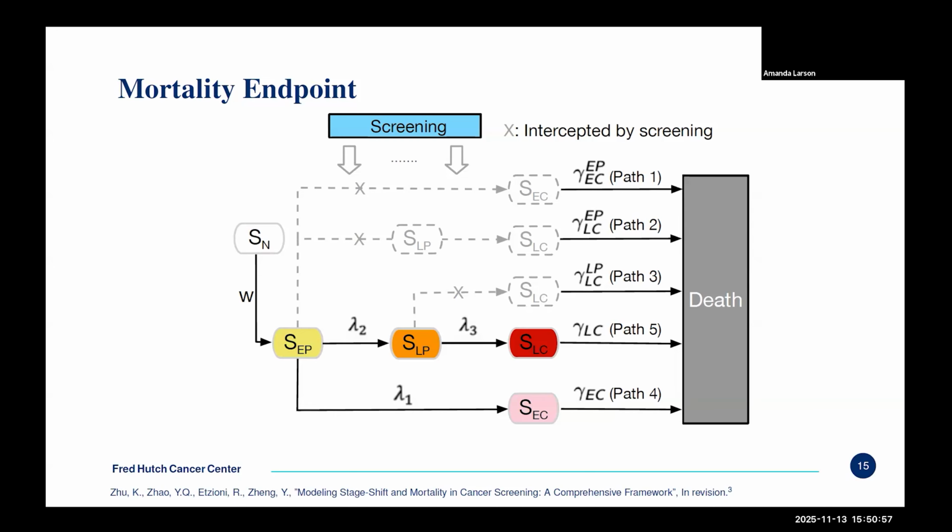They could either move to LP or they could also move to an early clinical case, where they do not further progress to late stage but just have symptoms manifested in an early stage. So that's two possible paths when they reach early preclinical.